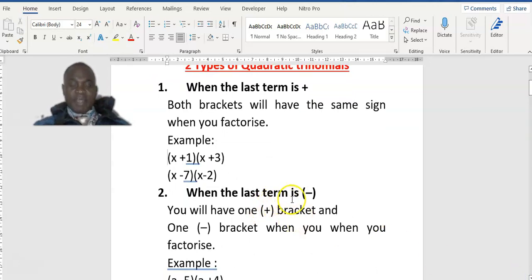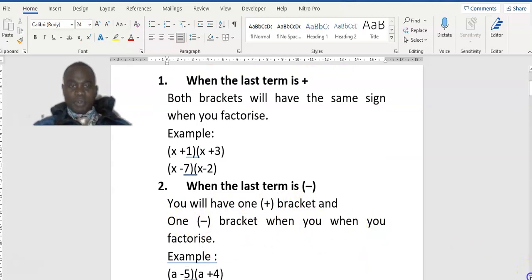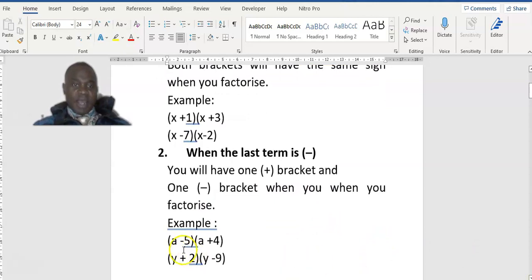When the last term is negative, you will have one plus bracket and one negative bracket when you factorize. Example: when the last term is minus, the first bracket will be minus and the next bracket will be plus, or the first bracket will be plus and the second bracket will be minus.